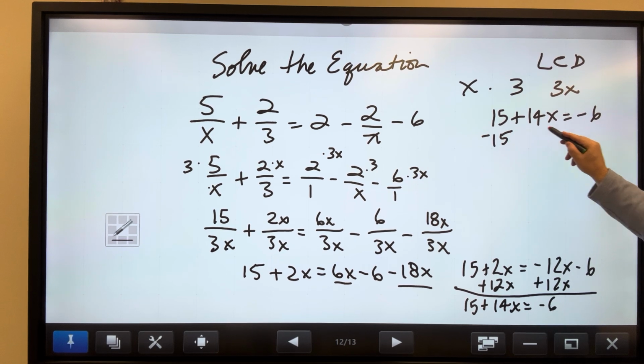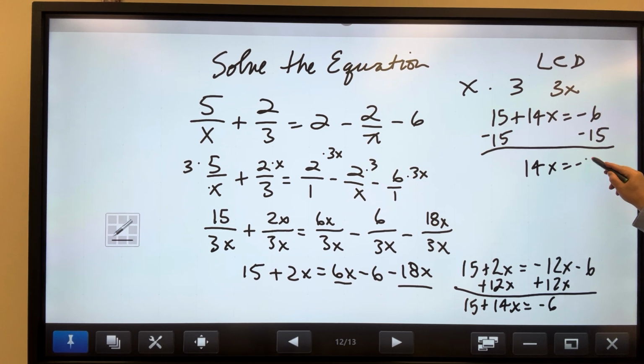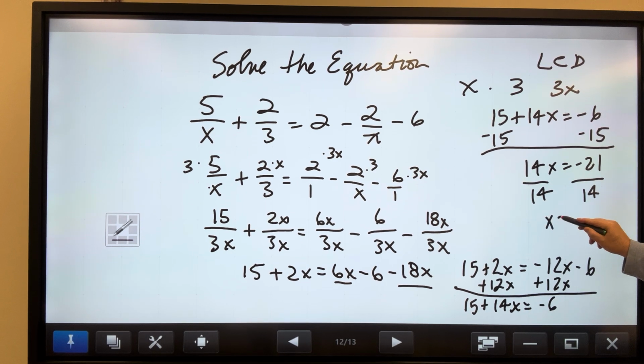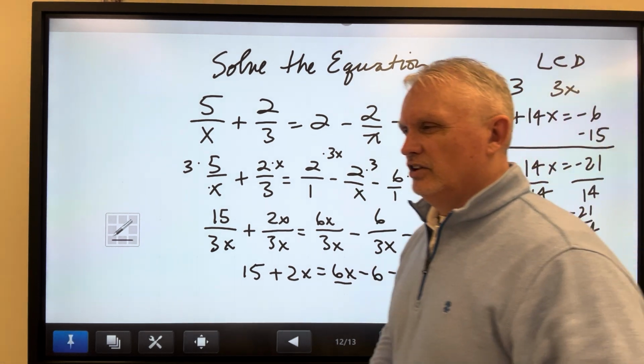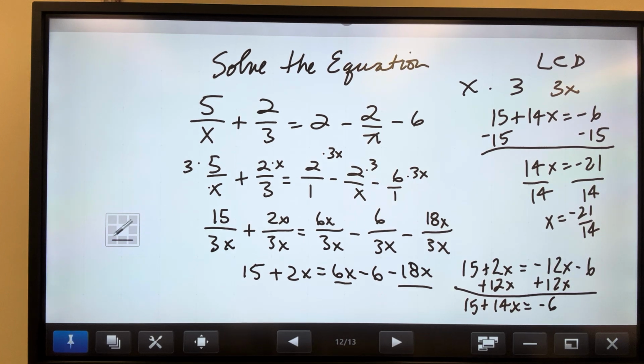Subtract 15 to get 14x is equal to negative 21. Divide by 14. x is equal to negative 21 fourteenths. Now you don't need to reduce this unless it says to reduce it, because it doesn't say to do any sort of reduction.